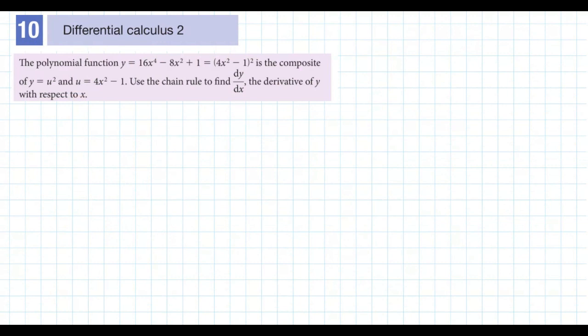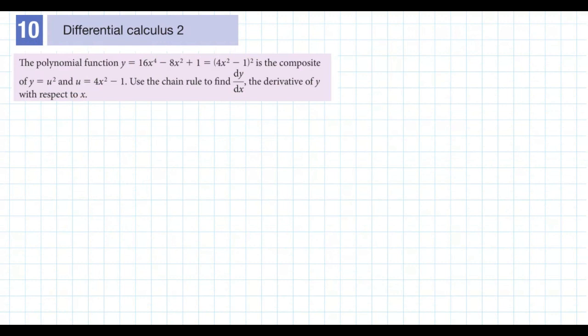Okay. I think this question is really an amazing question. It says the polynomial function y equals 16x power 4 minus 8x squared plus 1 equals 4x squared minus 1 all squared is the composite of y equals u squared and u equals 4x squared minus 1.